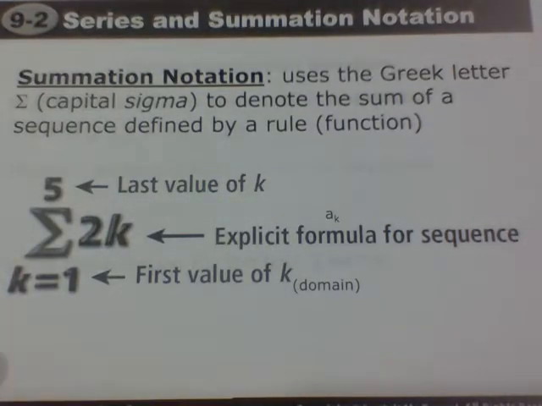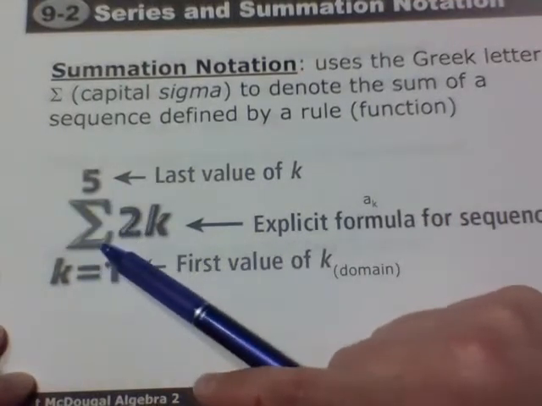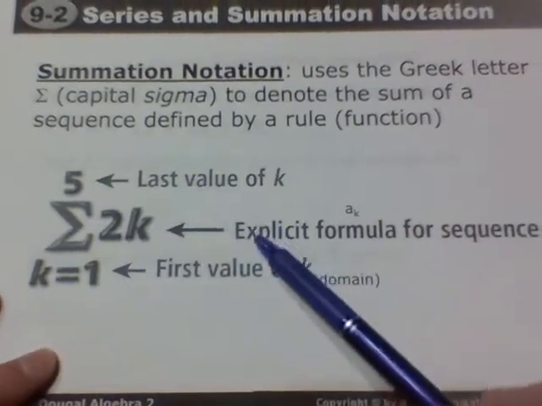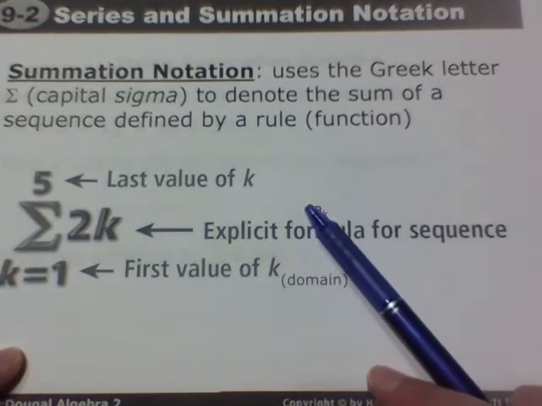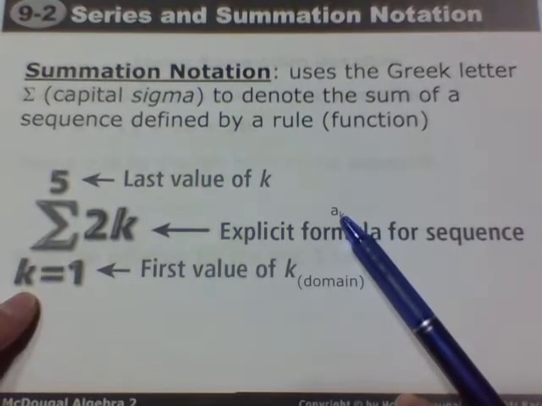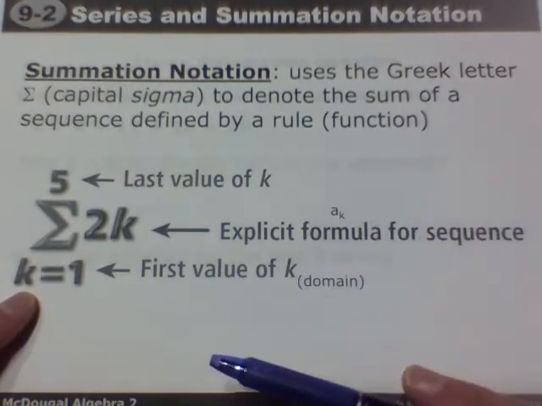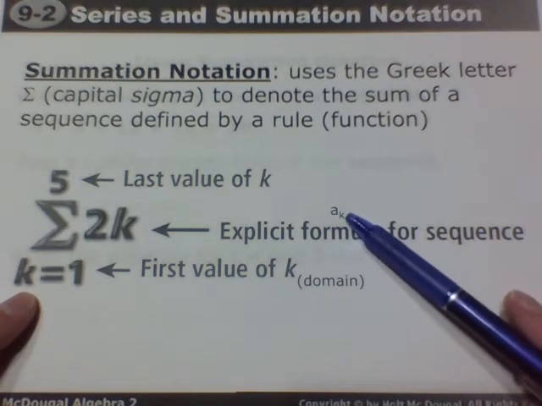So if we take a look at what is going to happen, you're going to have your sigma each time, and then right here is going to be your explicit formula for your sequence. We like to call it a sub k in this case because we're going to be using k's instead of n's. N's was what we used in a sequence, but in a series, we're now going to be using k's.